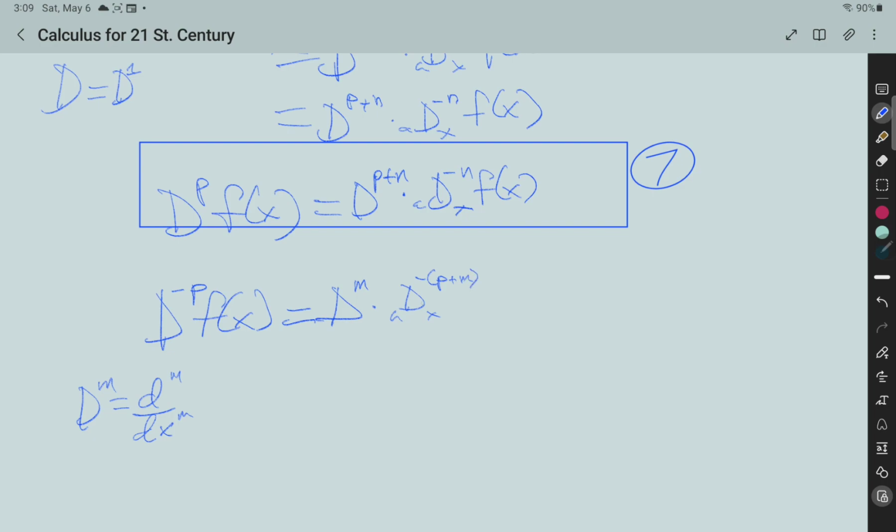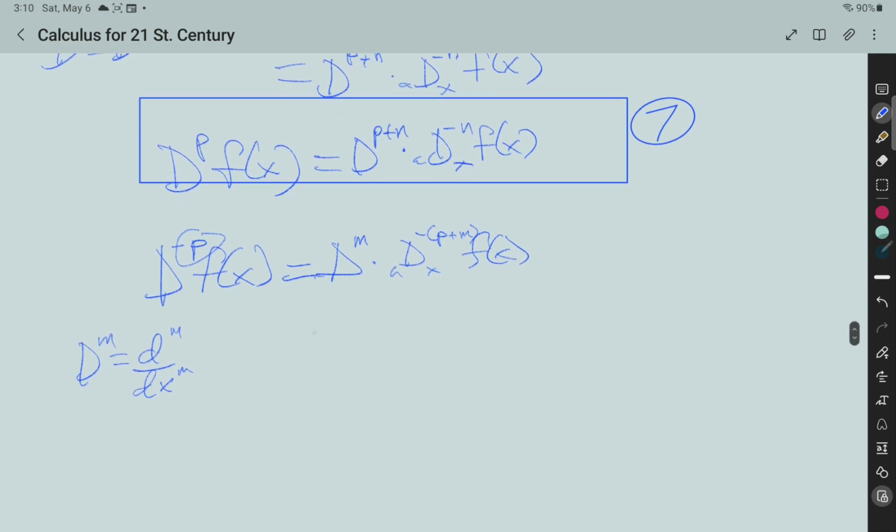Now you can see the power. If you add up in the exponent, then you get m minus m, so that's 0, and then you're left with the power of minus p, which is the original power that you have here. Okay. So f of x, like that. Okay, so let me box this.